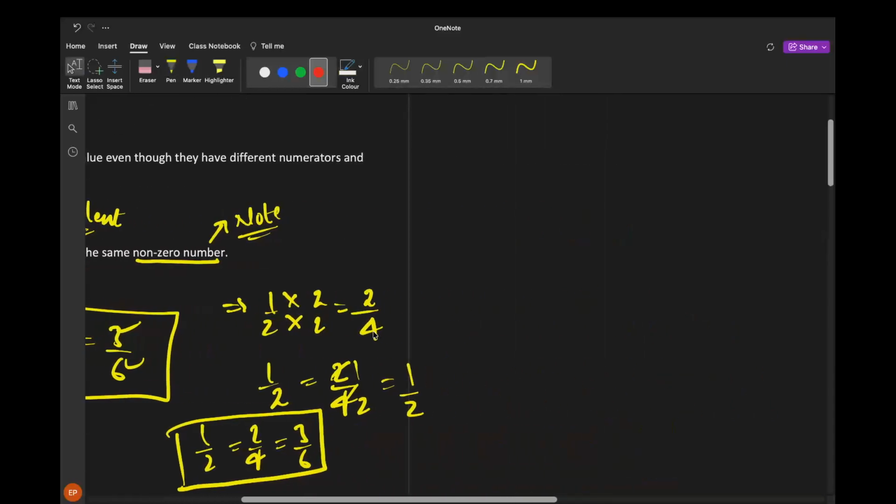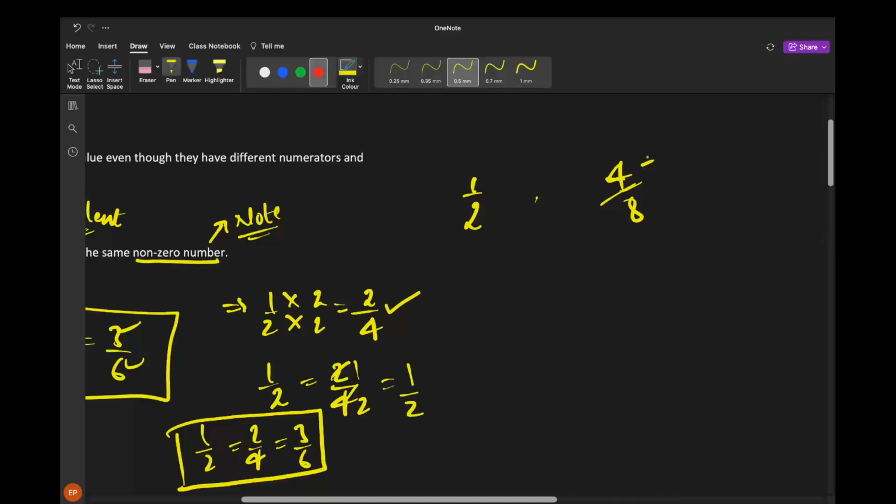Let me take another example. Here 1 by 2, here 4 by 8. Let me write 4 by 8. Just now I multiplied numerator and denominator by 2, right? That's why I'm getting an equivalent fraction.